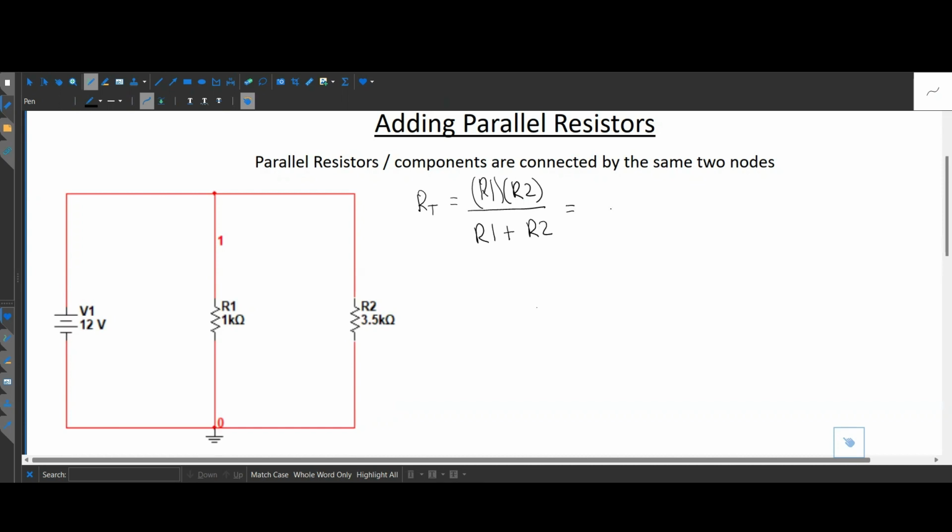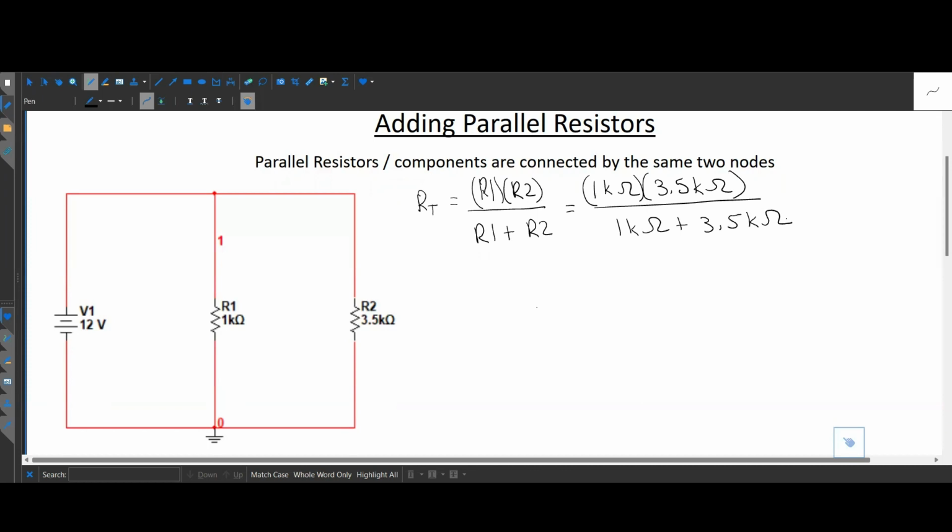Of course, you just plug in your numbers, so that'd be 1 kilo ohm times 3.5 kilo ohms divided by 1 kilo ohm plus 3.5 kilo ohms.